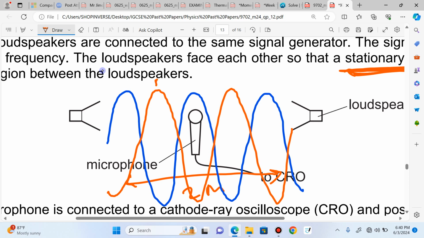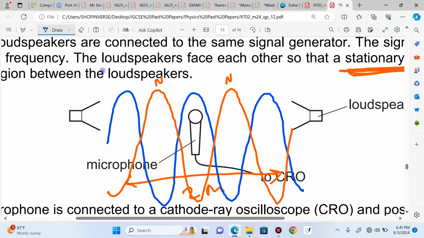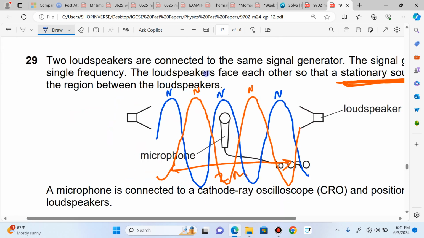So this is a node, this is a node. And let me consider the other one. The first signal I have, this is a node, this is a node, this is a node. So these are the 5 maxima produced as a result of the interference between the two waves.